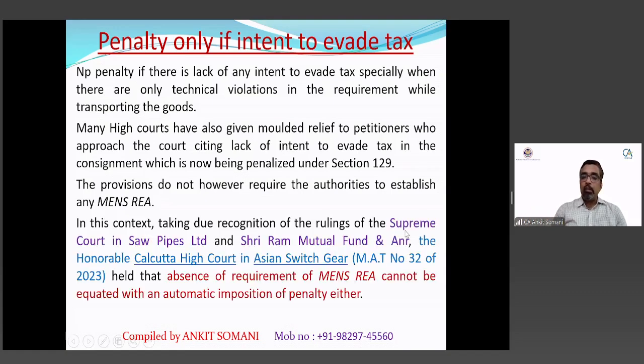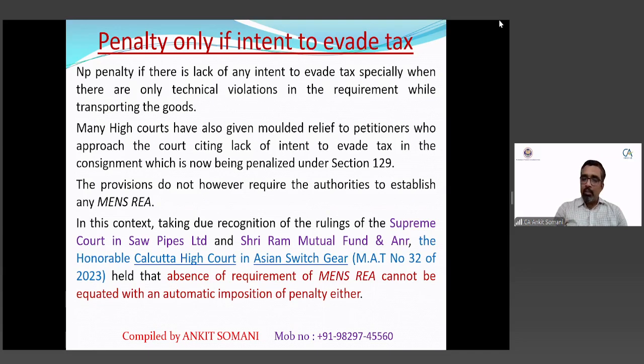In this context, you can refer to three important judgments. The Supreme Court judgments in the cases of Saw Pipes Limited and Shri Ram Mutual Funds and another. These two important judgments are of the Supreme Court, and then the Honorable Calcutta High Court judgment in Asian Switch Care, MAT number 32 of 2023, held that the absence of a requirement of mens rea cannot be equated with an automatic imposition of penalty either.